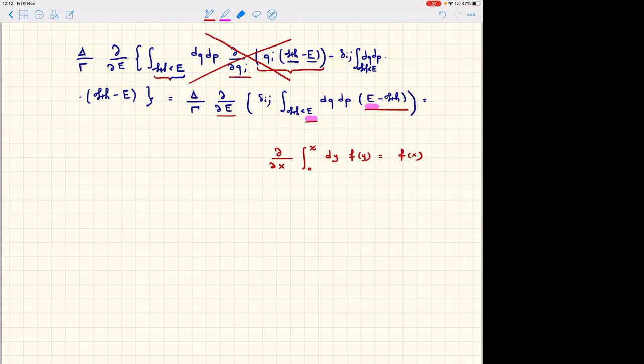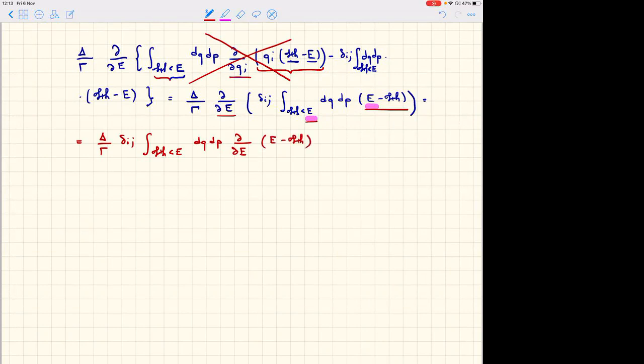Yes. Okay. So therefore, this derivative is going to be equal to delta over gamma, delta ij, integral for H smaller than E, dq dp, d/dE of E minus H. But now this derivative is equal to 1, right?